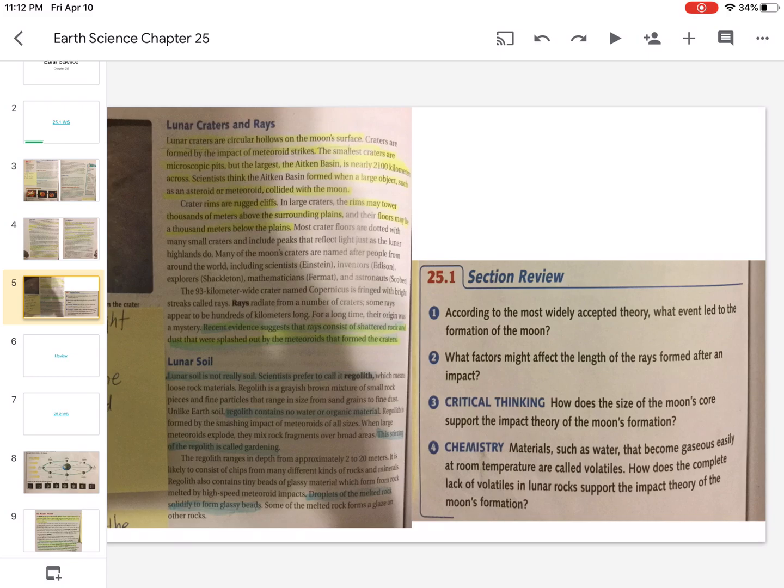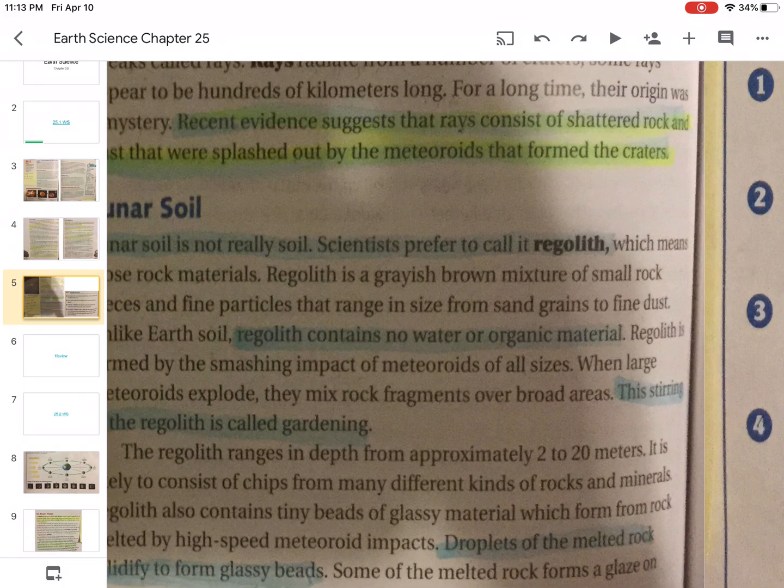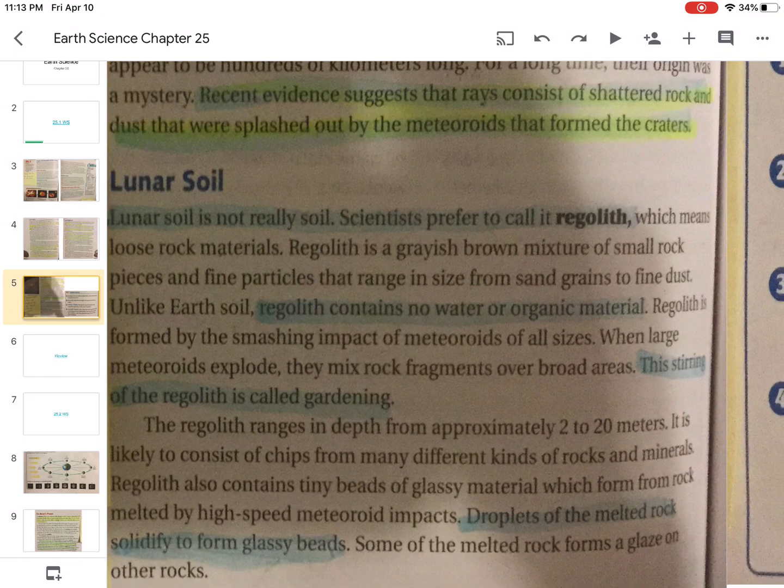Number 4. Materials such as water that become gaseous easily at room temperature are called volatiles. How does the complete lack of volatiles in lunar rocks support the impact theory of the moon's formation? So let's see. It says lunar soil is not really soil.